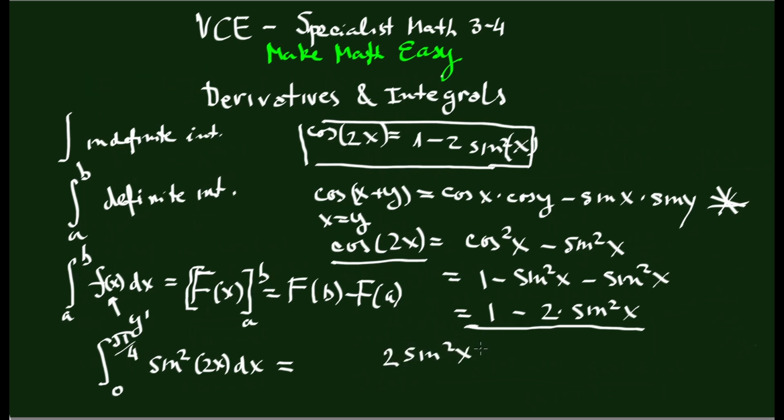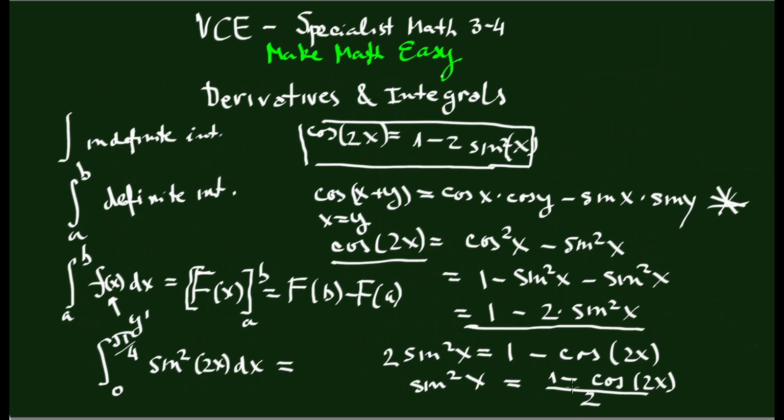It changes the sign when you move it, of course. And then you get 1 minus cosine of 2x. So sine square of x equals 1 minus cosine of 2x, divided by 2.